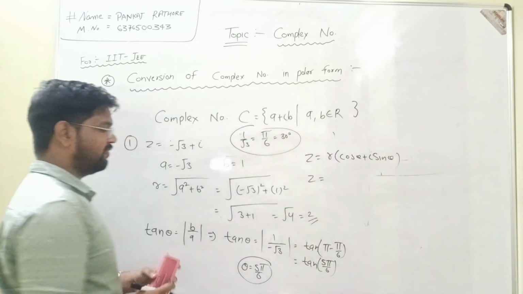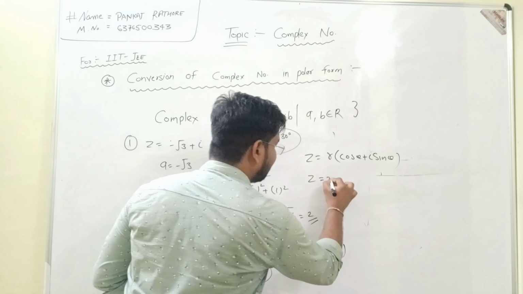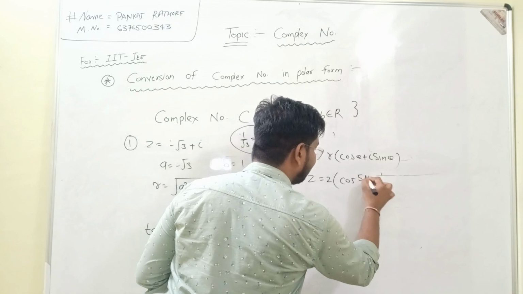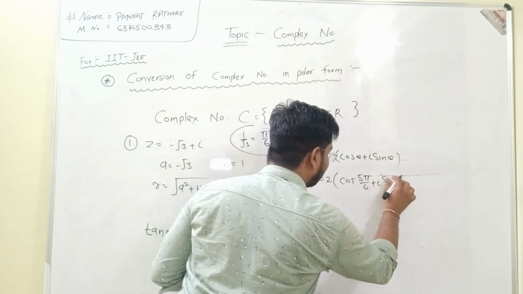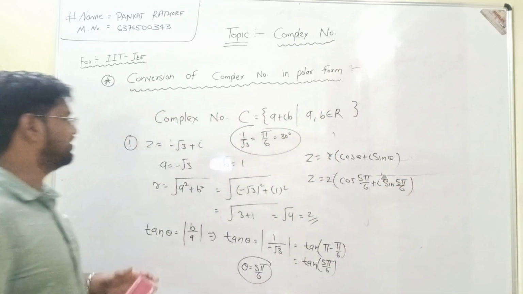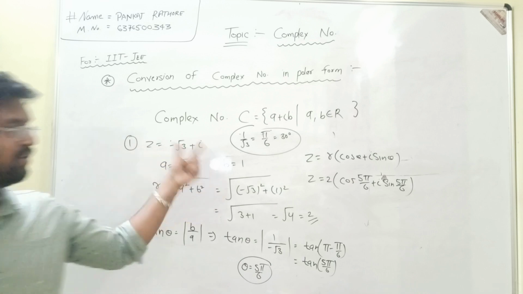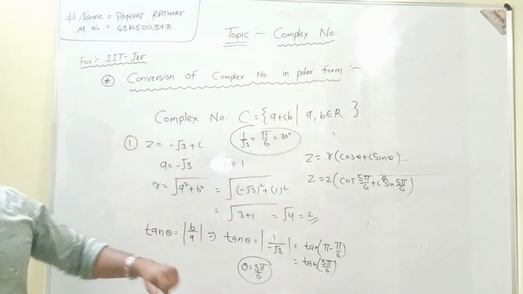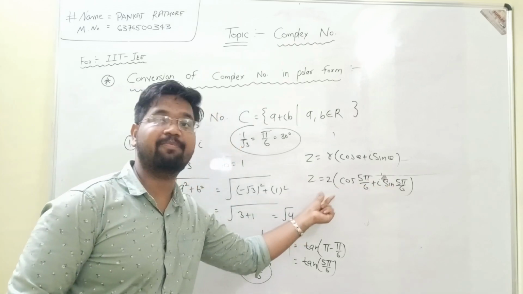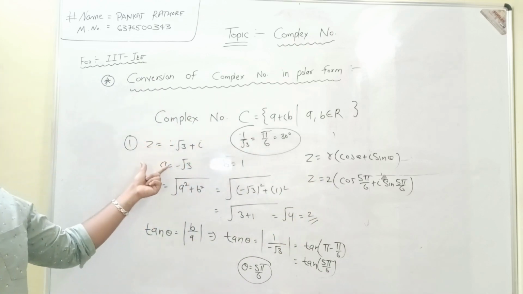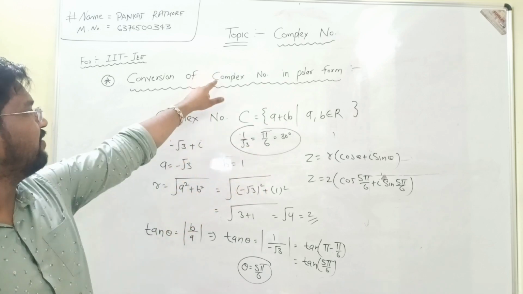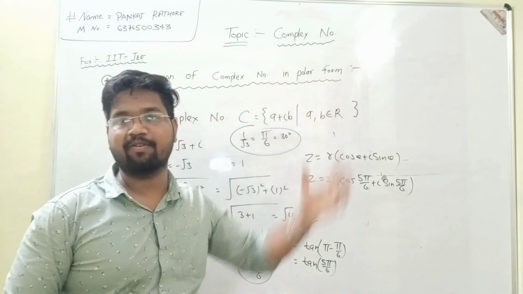So z equal to 2 times cos 5 pi by 6 plus iota sin 5 pi by 6. That's the polar form of this complex number. If we write the values of cos 5 pi by 6 and sin 5 pi by 6 and multiply by 2, then the number will be obtained easily. Okay, so you can find the polar form for every complex number.